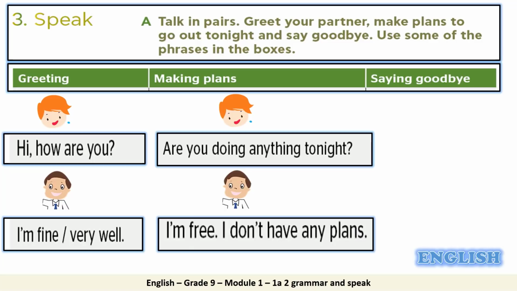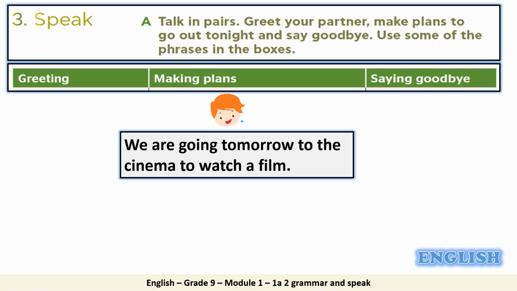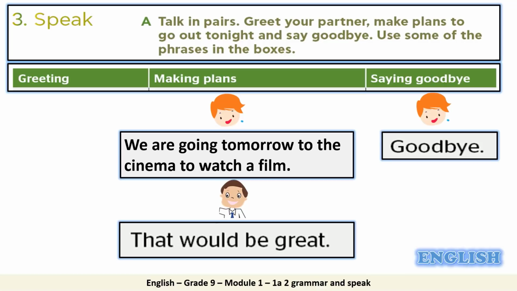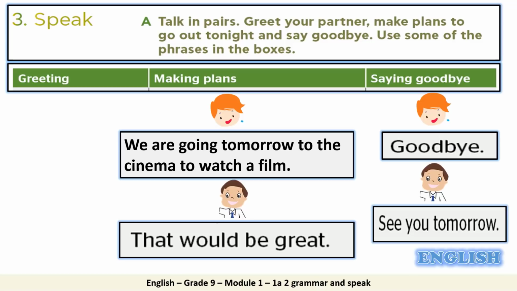Student B, I'm free, I don't have any plans. Student A, we are going tomorrow to the cinema to watch a film. Student B, that would be great. Student A, goodbye. Student B, see you tomorrow.